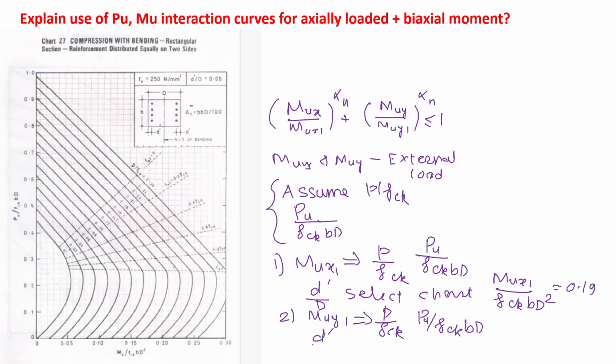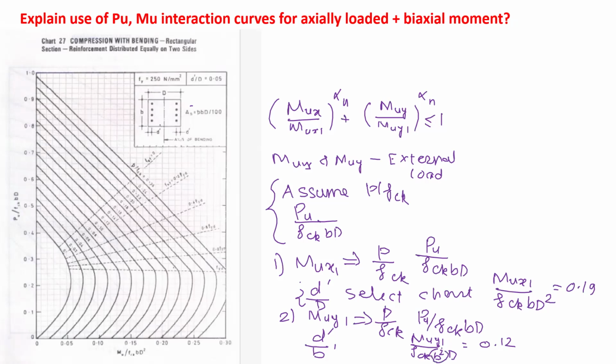We have to use d dash by B instead of d dash by D. Then again Fy, steel on both sides or all, that you have to check, and then you will get Muy1 upon fck B square D, and let's say we have some value 0.12.